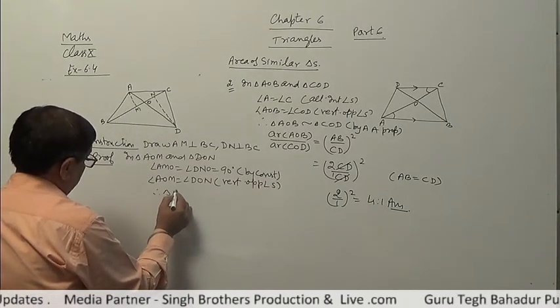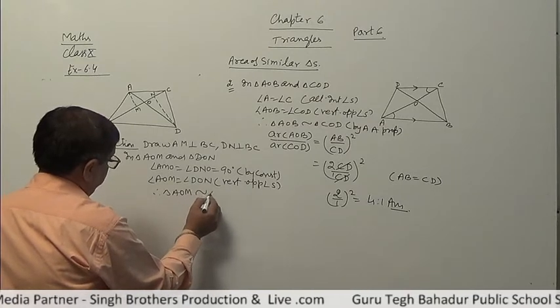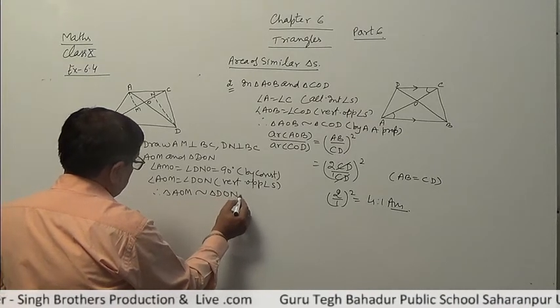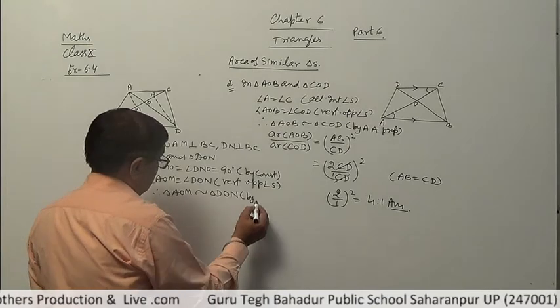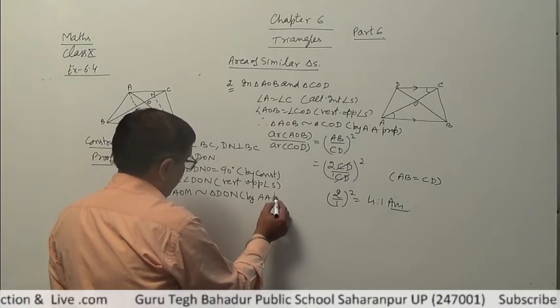Therefore, triangle AOM is similar to triangle DON by AA property.